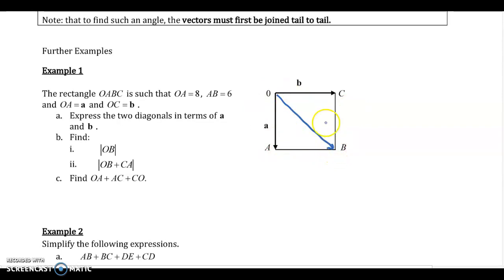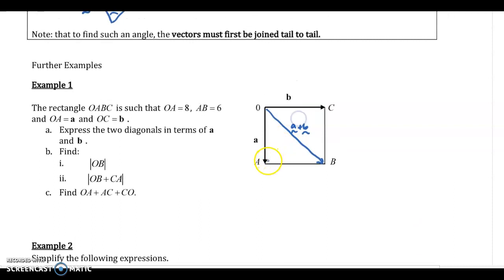So you'd have A plus B. Now, the other diagonal, AC, would be negative A plus B. If we flip that one, negative A, then it will form a nice vector diagram.